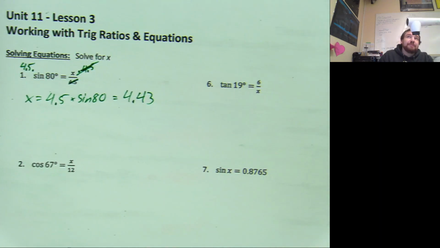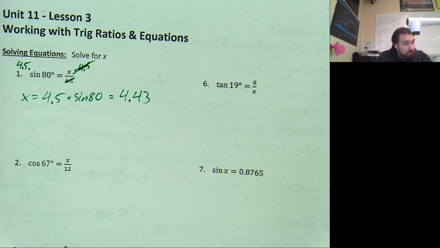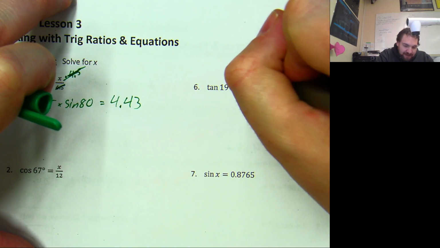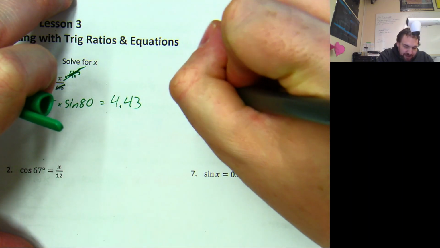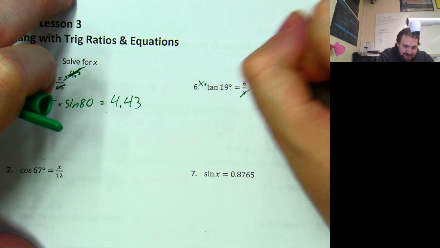What about something like number 6? What would I do? X is not going to be allowed to equal what? Okay, now how do I isolate for x? Rebecca's already said it. We're going to multiply everything by x. So if we multiply by x here, we times x over here. My x's on the right-hand side are going to cancel.